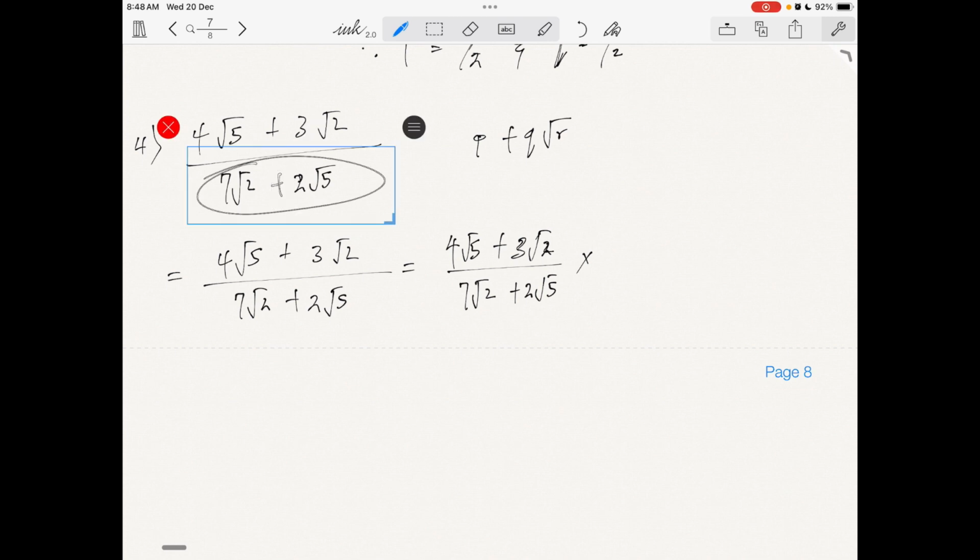So we multiply by 7 root 2 minus 2 root 5 divided by 7 root 2 minus 2 root 5.